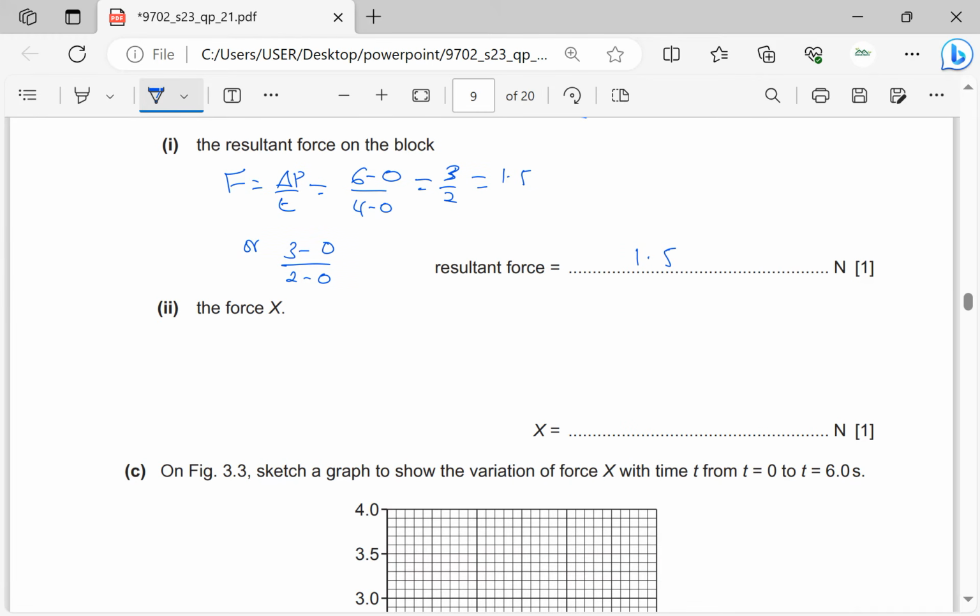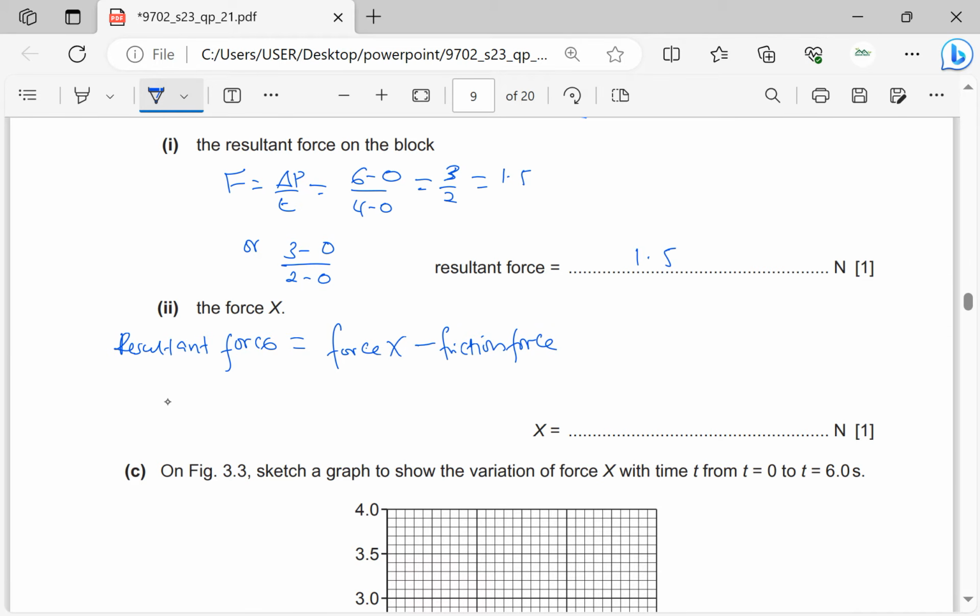Then the force X. So remember, we know that the resultant force is going to be equal to the forward force, which is force X, minus the frictional force or the resistive force. So it is going to be force X minus the friction force.